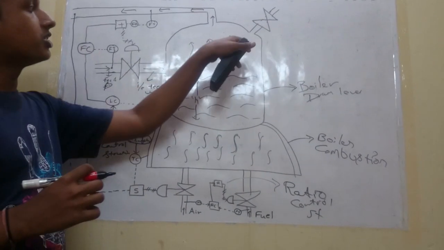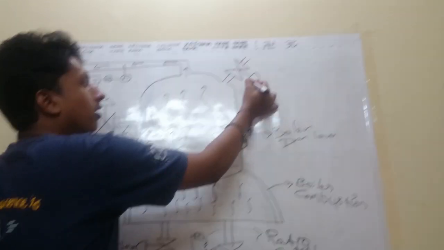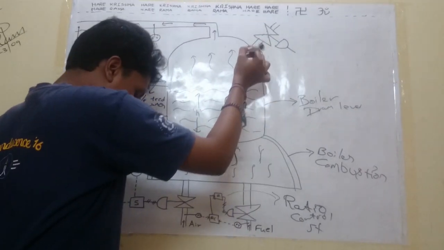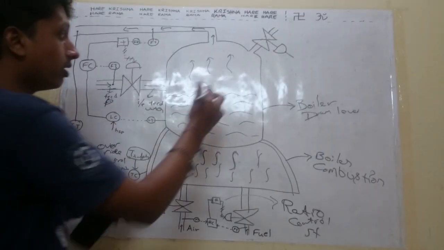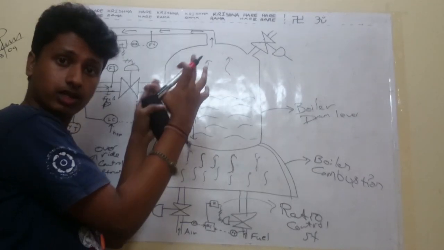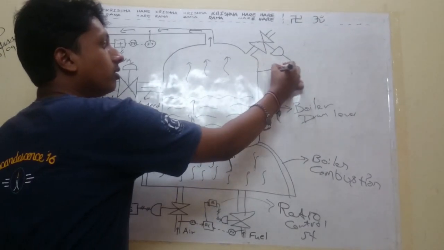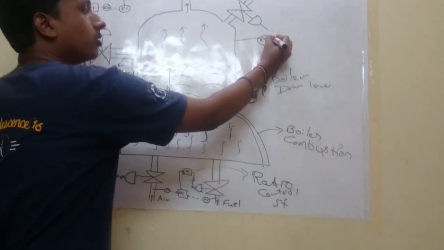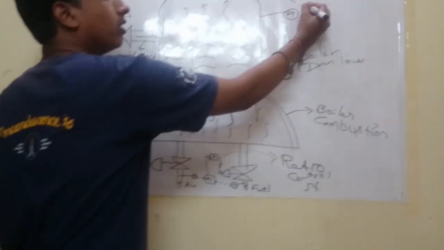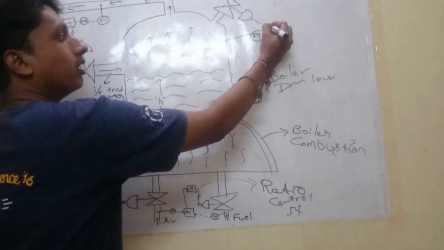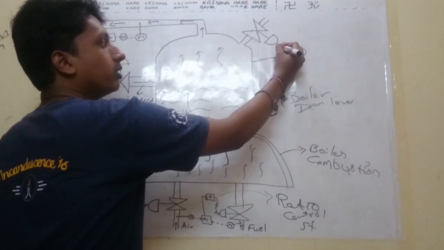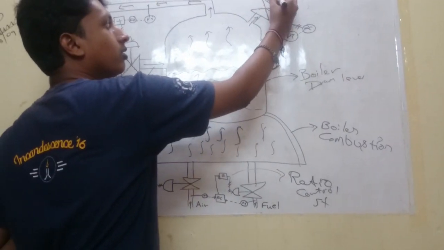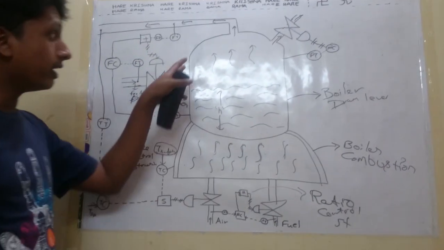So for that, we are integrating a pressure transmitter. We are measuring the pressure inside the boiler. The sensor will measure the pressure and transmit it to the pressure controller, and it will give a signal to the pneumatic valve on whether steam will be released or not.